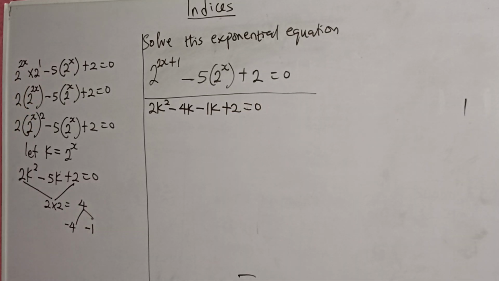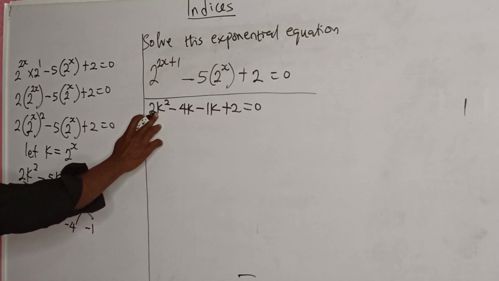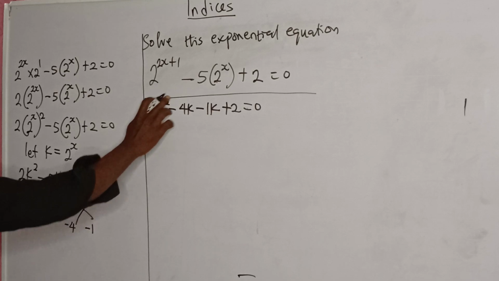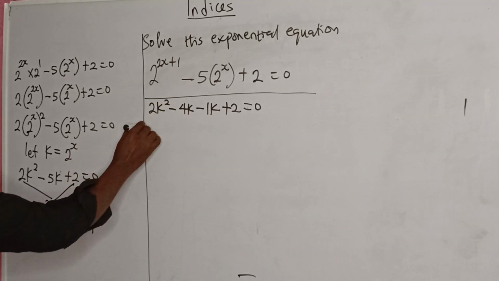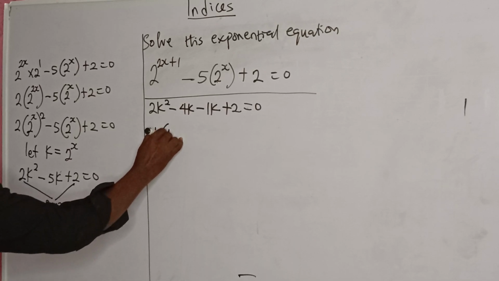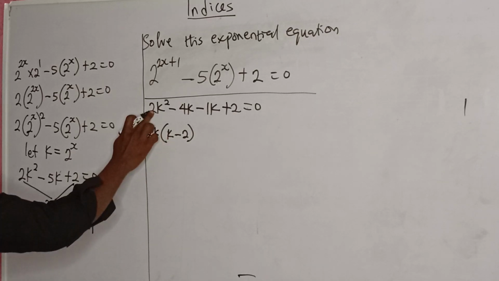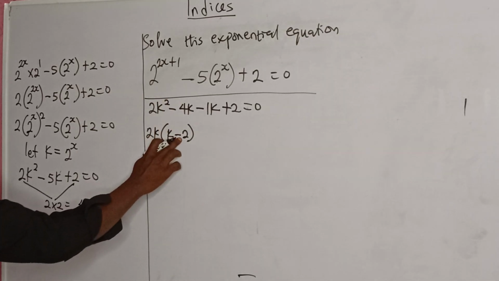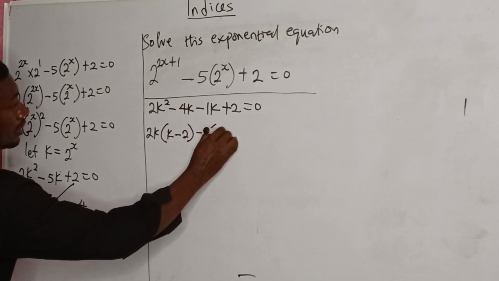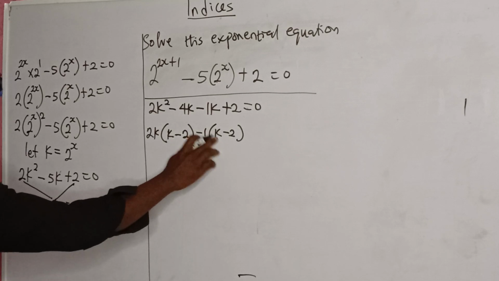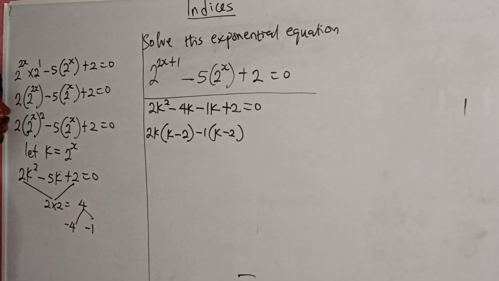We'll factorize this and factorize this. What is the HCF of 2k square and 4k? We have 2 here, 2 here, k here, k here. So we'll now have 2k open bracket k minus 2, because 2k times k will give us 2k square, and 2k times minus 2 will give us minus 4k. Over here we have minus 1k minus 2: minus 1 times k gives minus 1k, and minus 1 times minus 2 gives us 2.